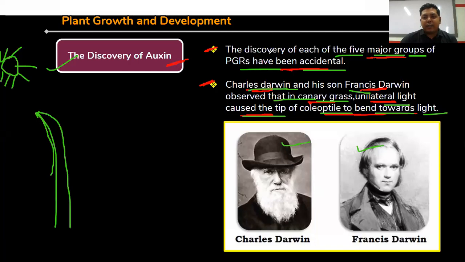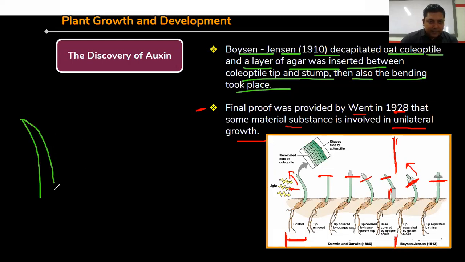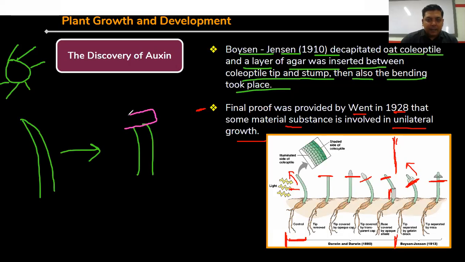After Charles Darwin, Boysen and Jensen in 1910 decapitated an oat coleoptile, and a layer of agar was inserted between the coleoptile tip and stem, and then also the bending took place, right? So after Darwin, Boysen and Jensen, suppose this is the coleoptile in bending condition, they cut the tip of the plant and simply placed an agar block. Agar, you have already learned about.